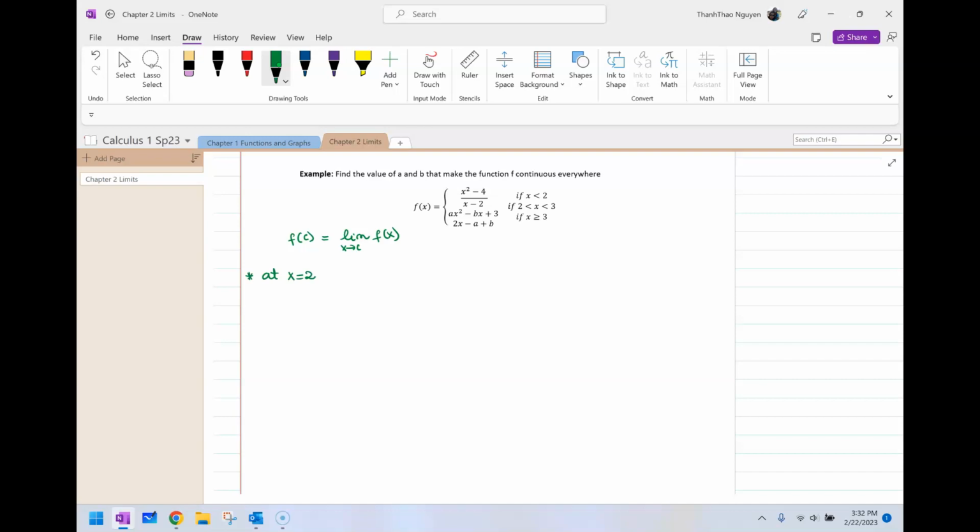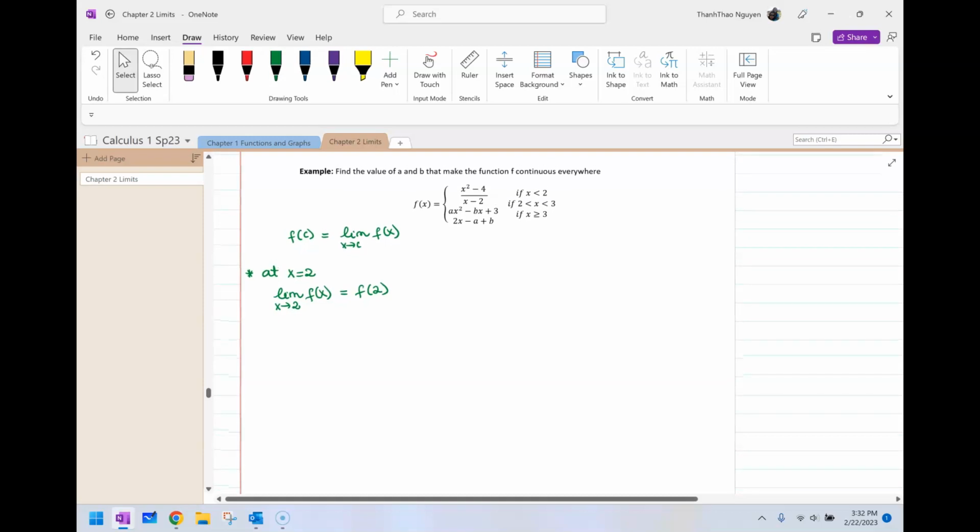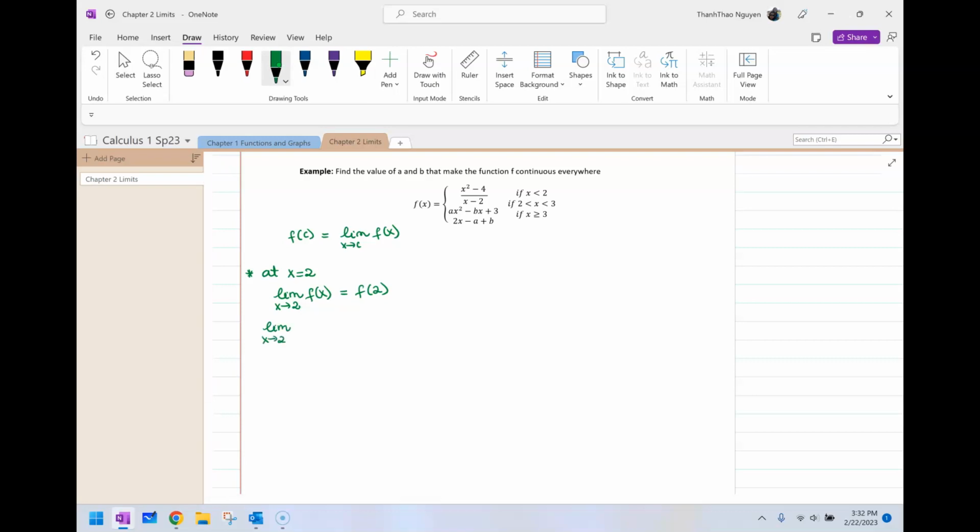The function will exist if the limit as x approaches 2 of f of x is equal to f of 2. First, let's consider the limit as x approaches 2 from the left. Let's look at our number line. We'll divide this out. Here's 2 and 3.